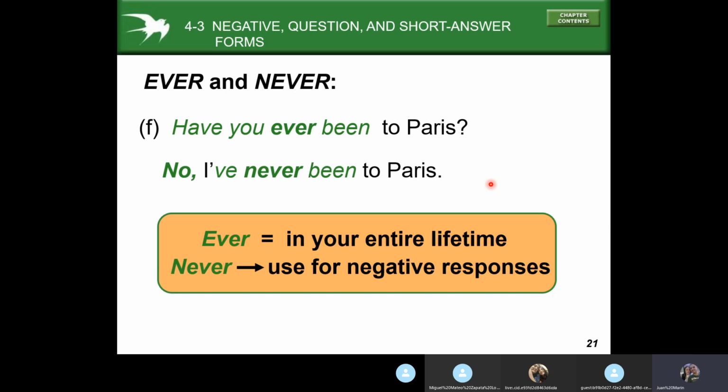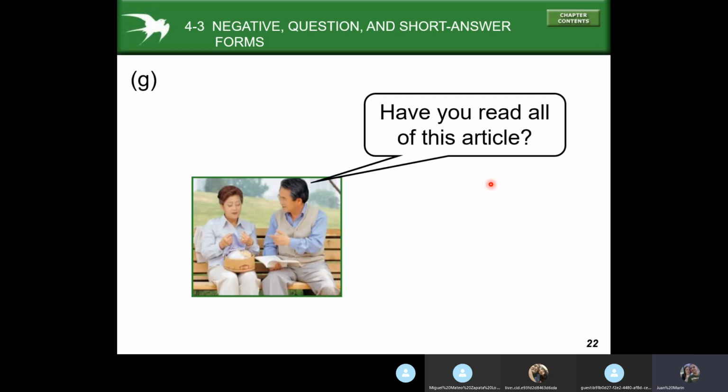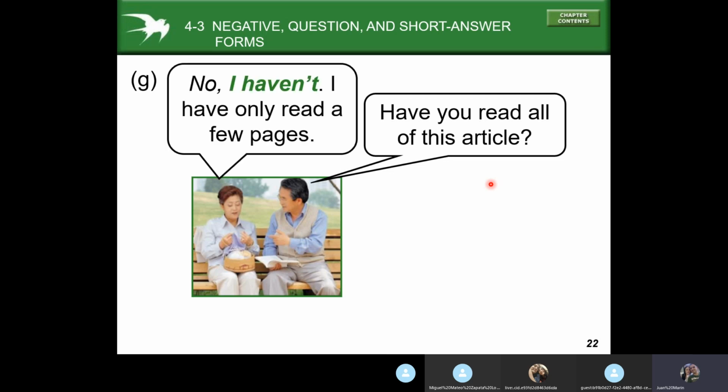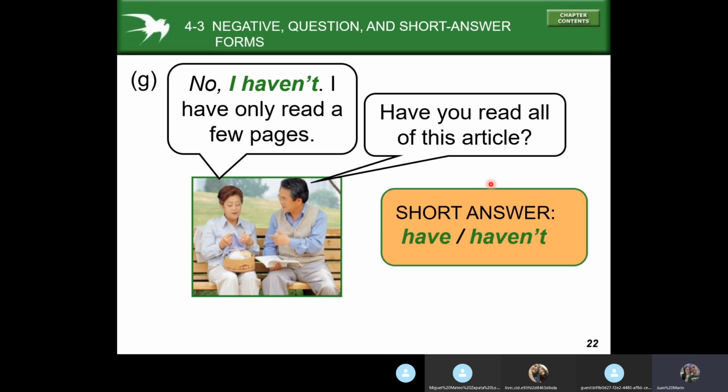No, I've never been to Paris. Okay, what about this one? Have you read all this article? No, I haven't. I have only read a few pages. Short answer is haven't. It's a short answer.